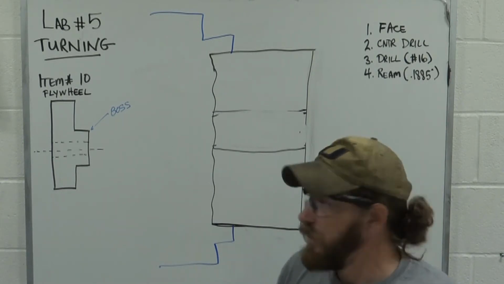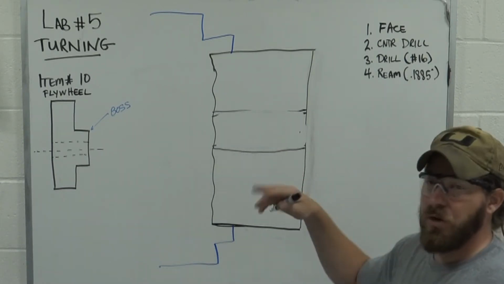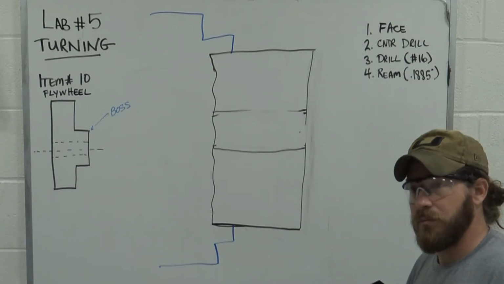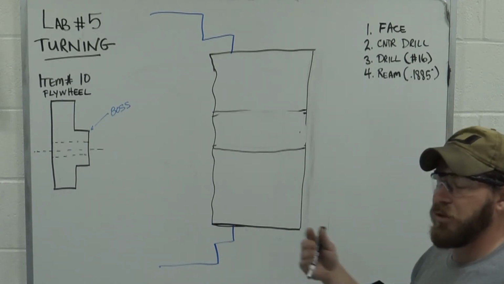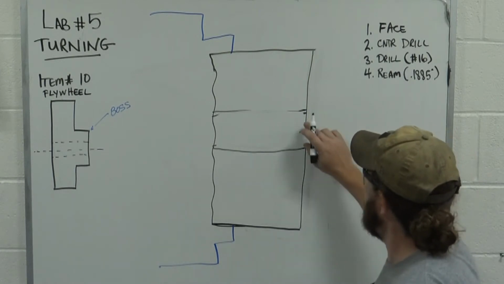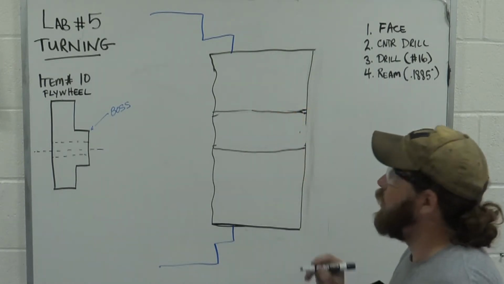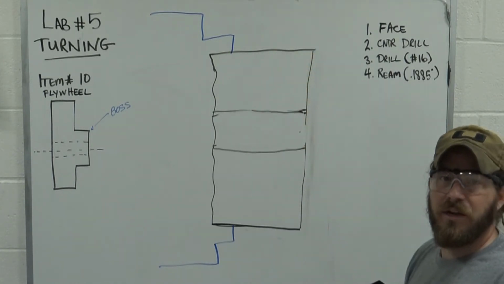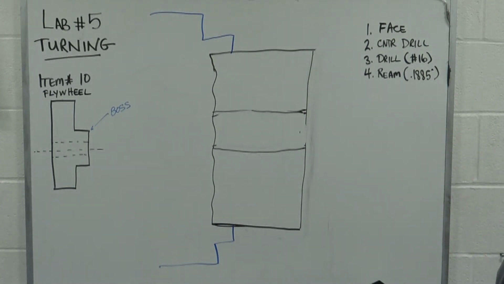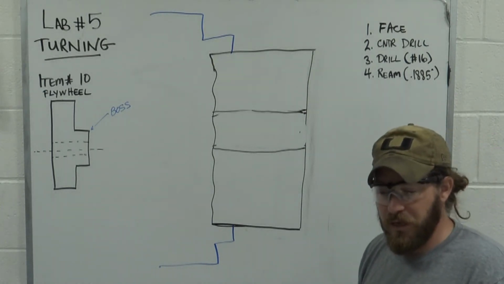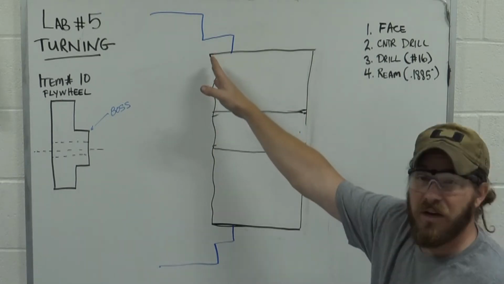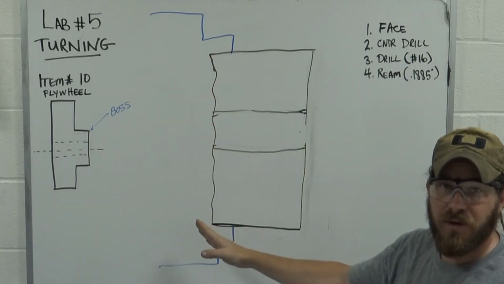From there, we've done everything we're going to want to do here. But you're probably wondering why we are not putting the boss on here. Well, the reason is because we still have an unfinished side right now.